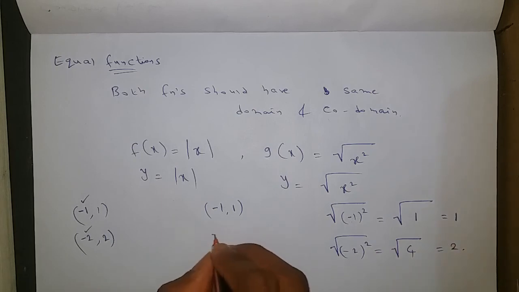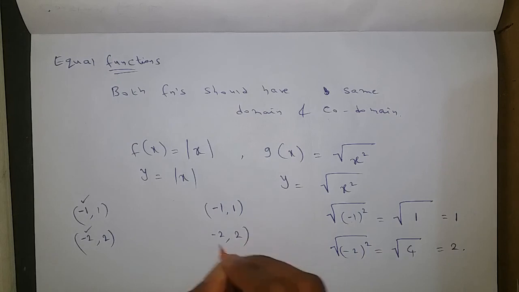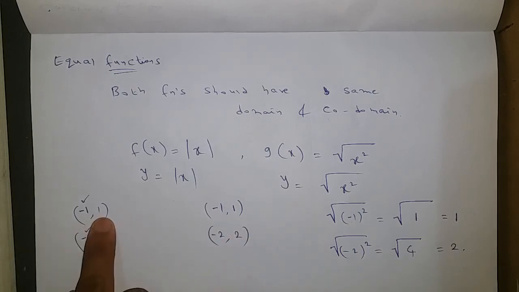I substituted minus 2 and I got plus 2. So minus 1 gives plus 1 in both, minus 2 gives plus 2 in both. These kinds of functions are equal functions, where the domain as well as codomain of both the functions are equal to each other. Now let us take one more example.